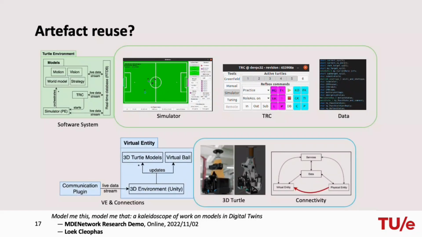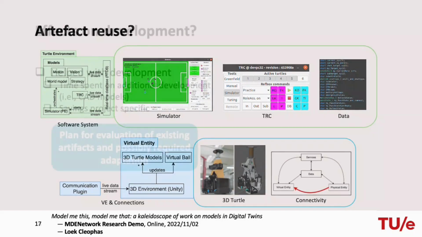We also developed several components and integrated them with this existing system: the communication plugin, a 3D turtle model that was more realistic in terms of looks and behavior, as well as the connectivity from physical entity to virtual entity. So we showed that in this particular case study, it was indeed possible to reuse these existing artifacts in developing a digital twin or digital shadow.